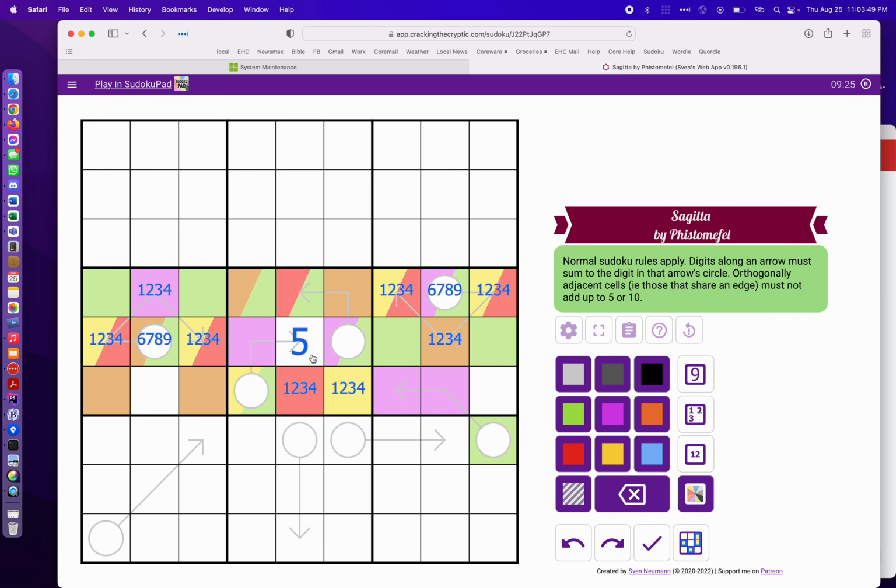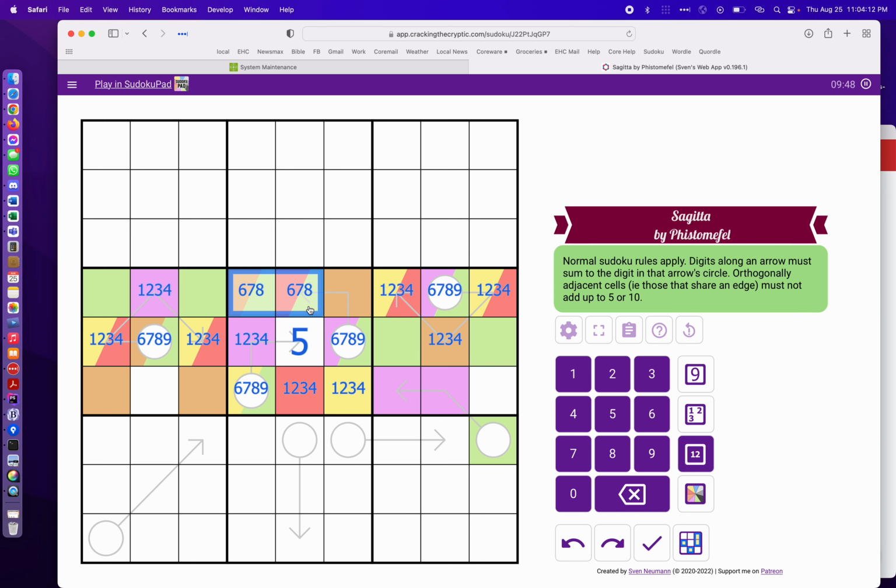Okay, then 5 plus the purple is equal to the high yellow. So this one is 6, 7, 8, or 9. Those two are 6, 7, 8, or 9.